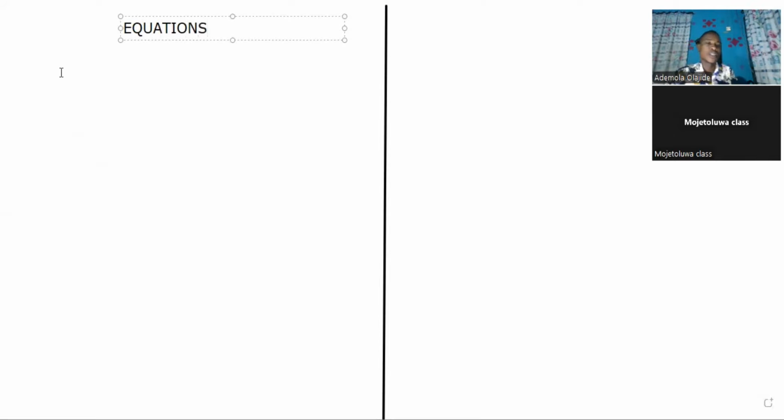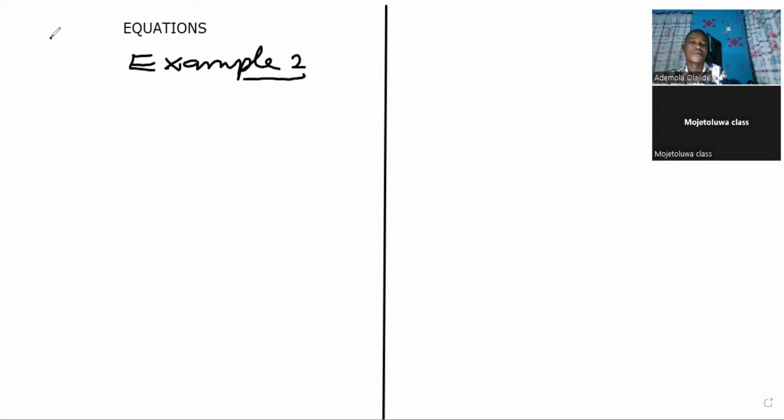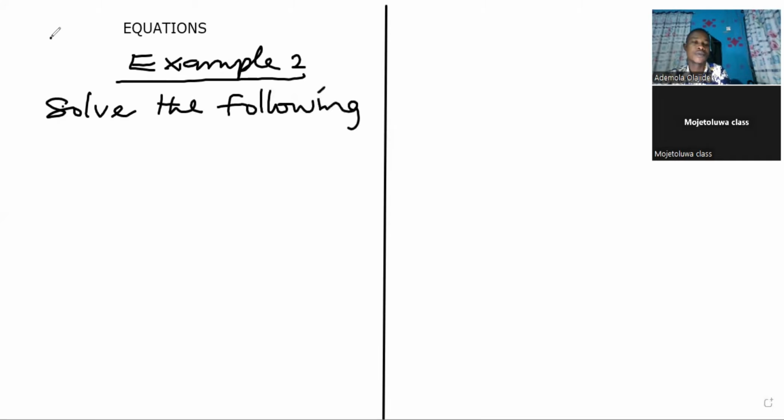So we'll go to the second aspect, I mean, example 2, of the following equation.